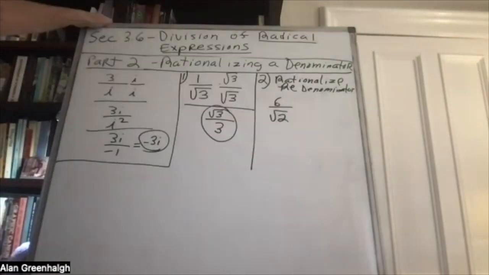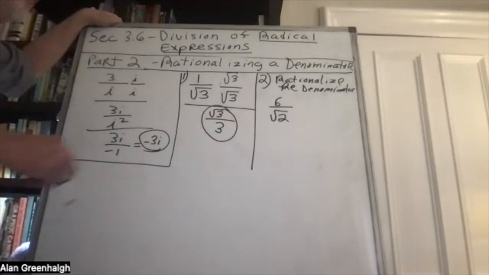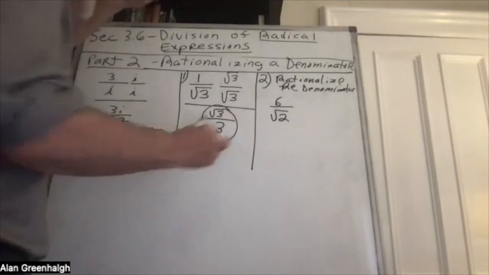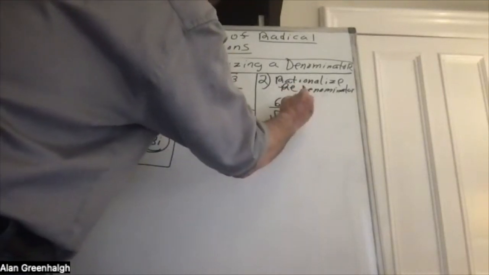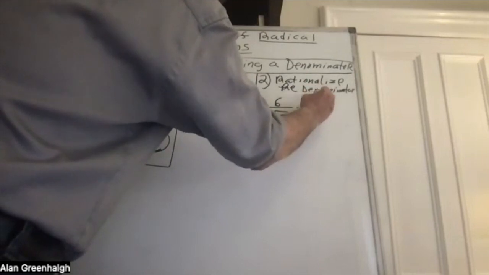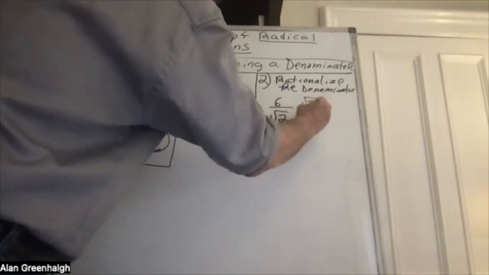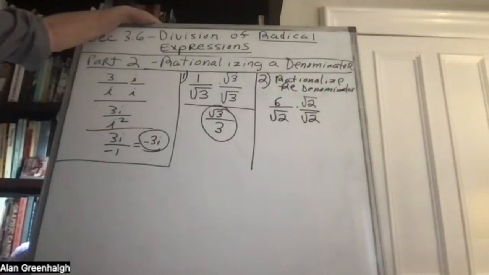I think that if you're still following this stuff and you're trying the problems, what you probably should have done was to multiply by the square root of 2 divided by the square root of 2. That would have been the next step.